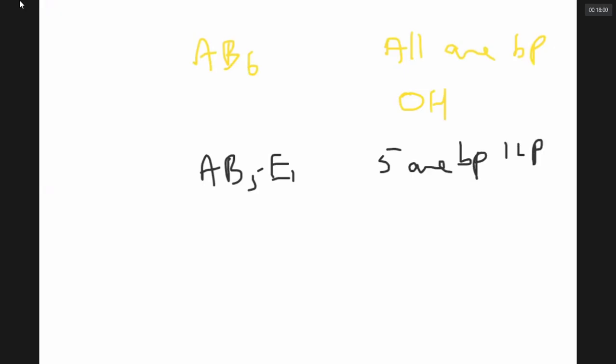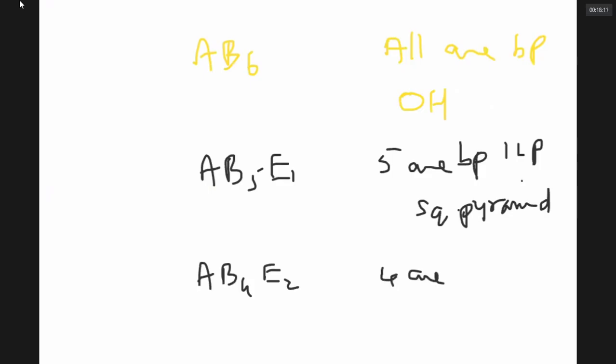Shape is square pyramid. Can you see that? Yes, sir. In AB4E2, 4 are bond pairs, 2 are lone pairs. Shape is simply square. Can you see that, sir?